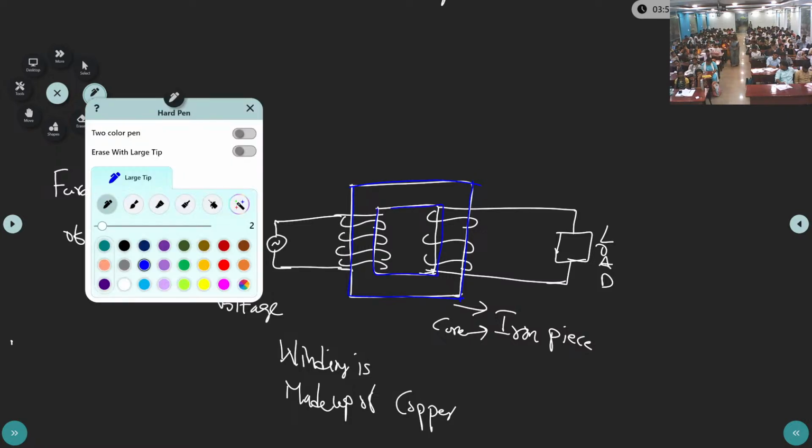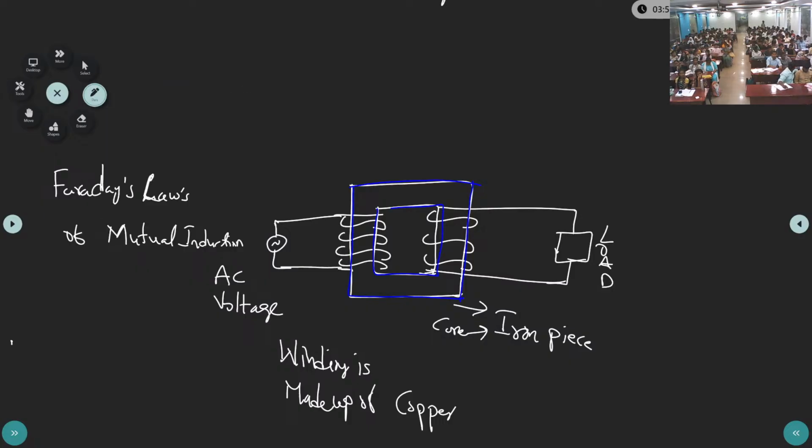So here one copper wire is wound around the core. This winding is called the primary winding, and the other winding is called the secondary winding.